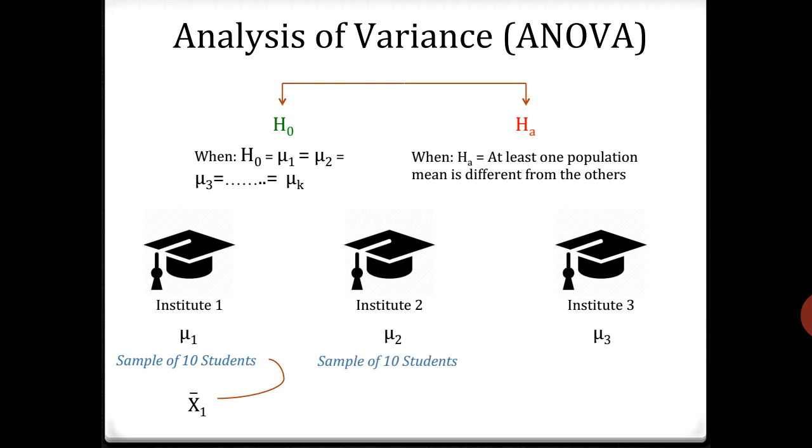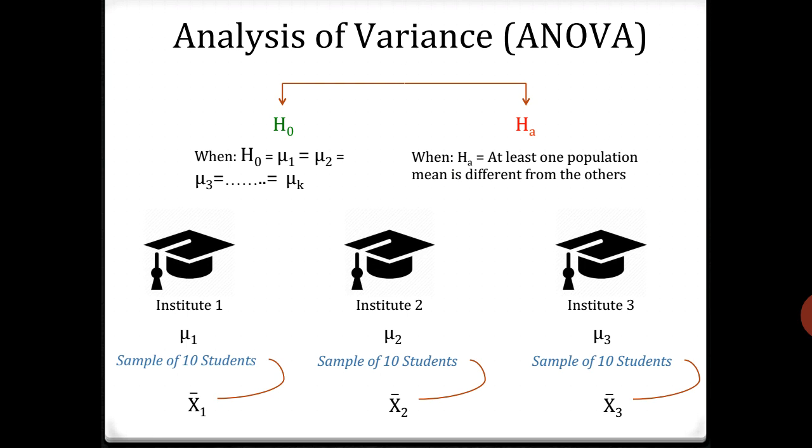In the second case, we again consider the same number of students as a sample, and we calculate the mean, which is x2 bar. Next, for the third institute, we consider a sample of 10 students and calculate the mean of the sample, which is the mean of these 10 students.